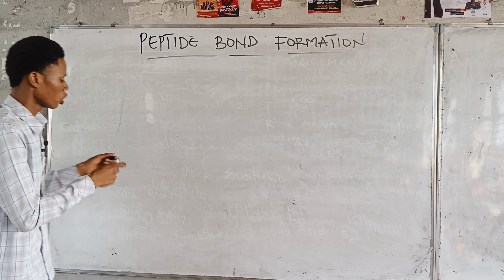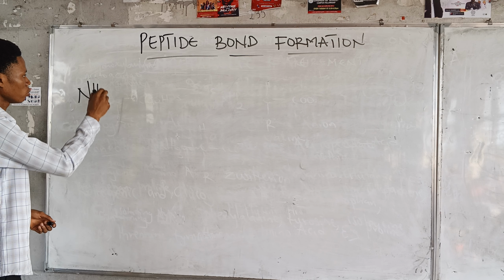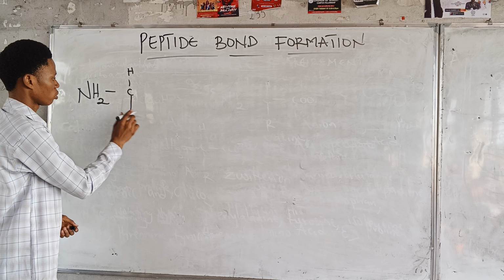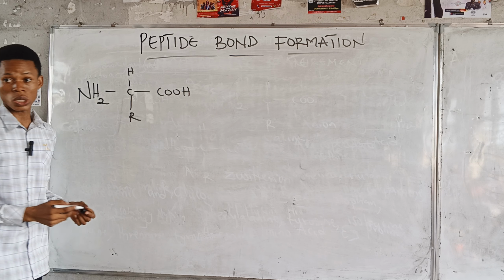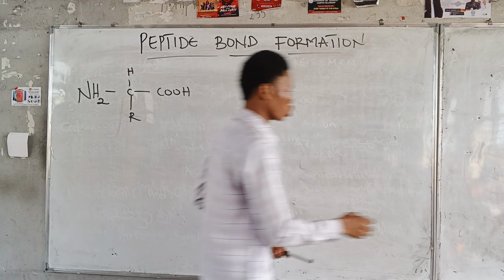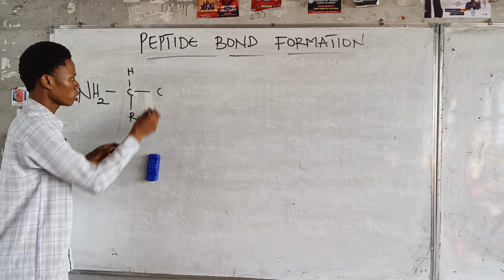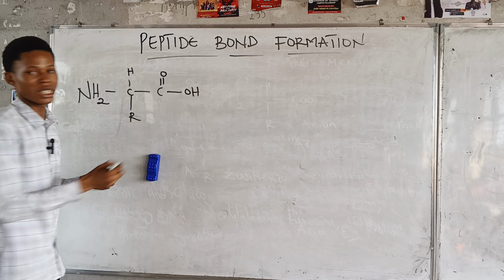Listen up now. If you have one amino acid here, this is an amino acid, right? Now, look at this structure. If I write it this way, have I changed anything?